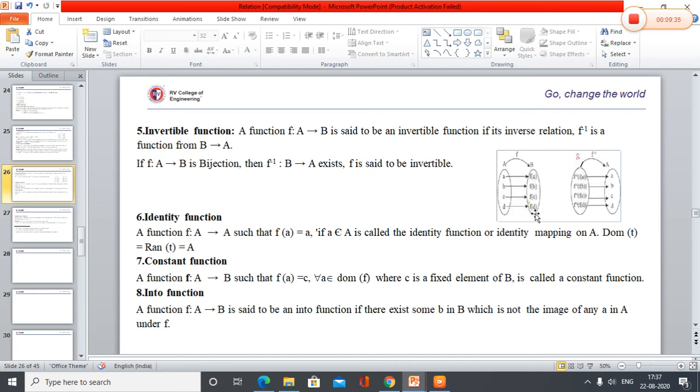Suppose the image of d is also f(c) only. Then f(d) will not be associated with any element of A. So there is at least some small b in set capital B which is not the image of any a in A. Then we will say that it is an into function.